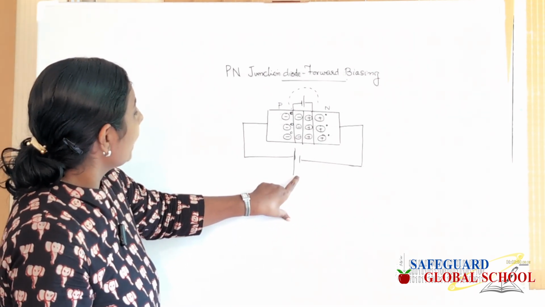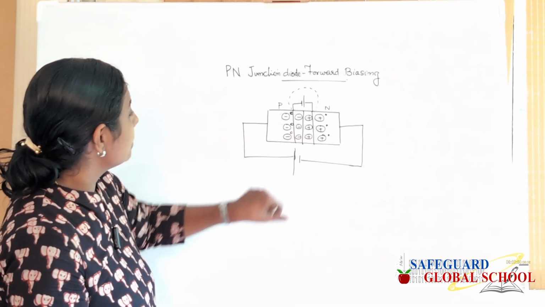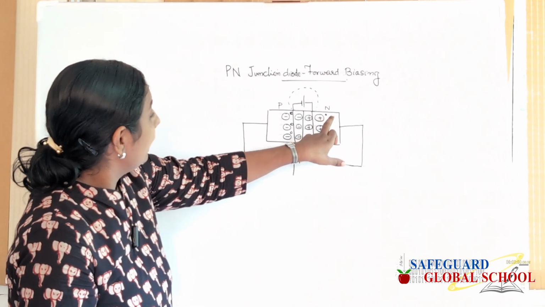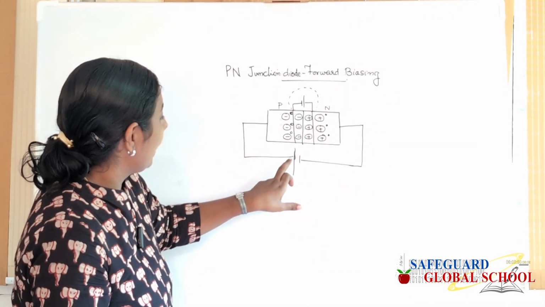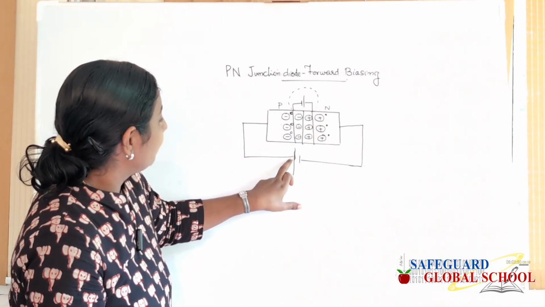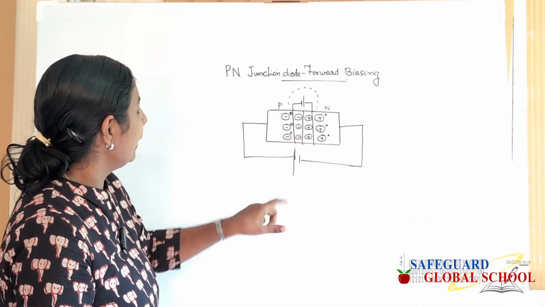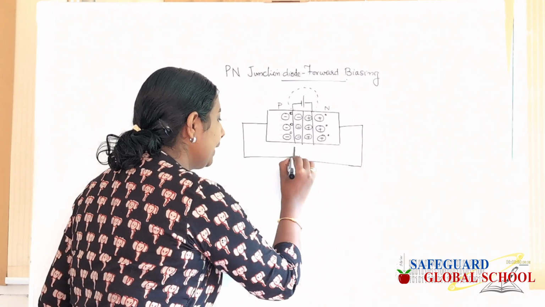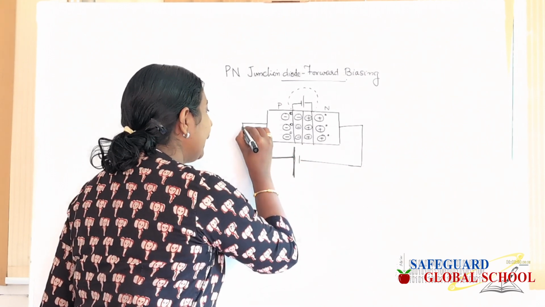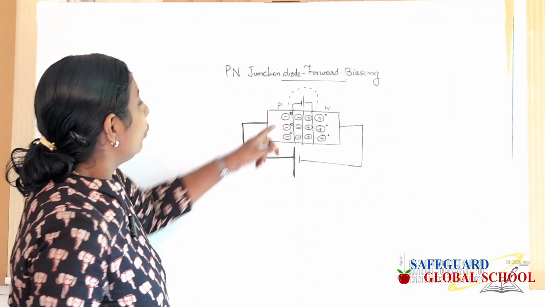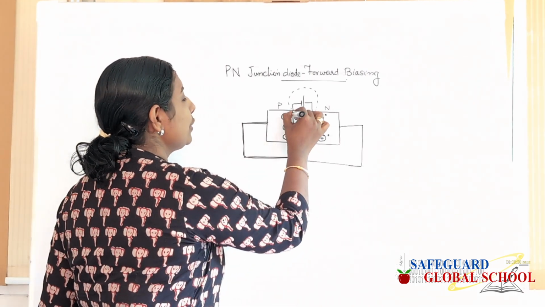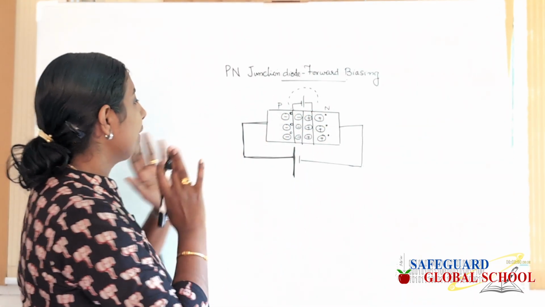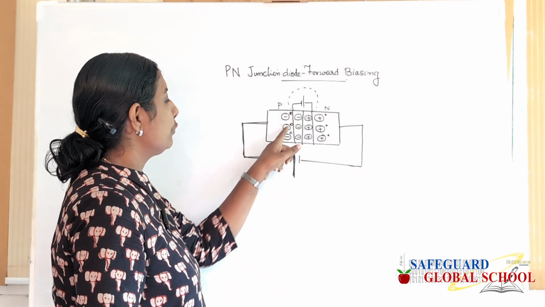What happens in this case is that we are applying an external battery over here. This is the positive side, right? And the positive side of this battery will repel the positive holes. Repulsion means it is giving some energy to these positive holes.